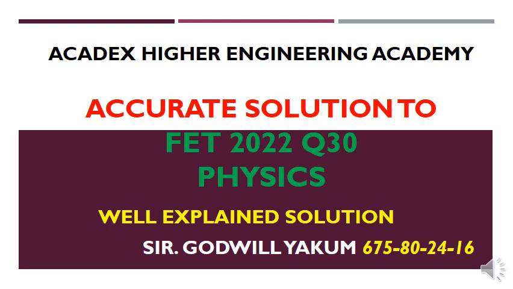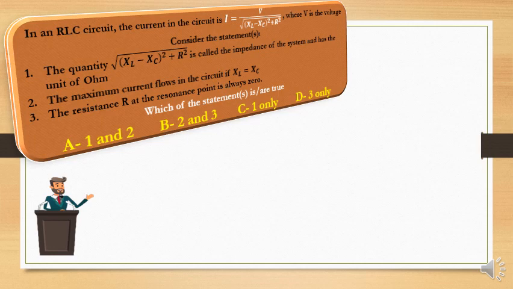Let's get started with question 30. The question reads: in an RLC circuit, the current in the circuit is I equal to this quantity, where V is the voltage. Now consider the following statements. 1.